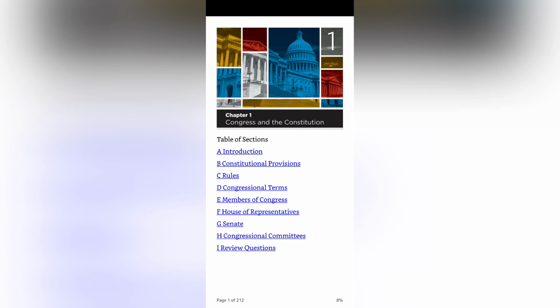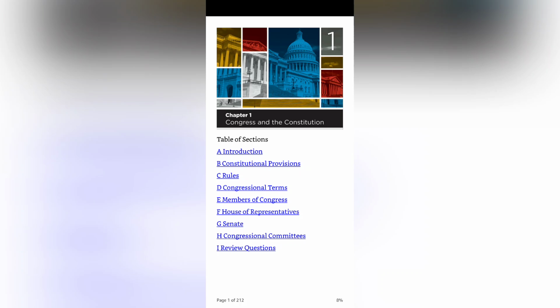Article 1, Section 7, Clause 1, commonly referred to as the Origination Clause, states, all bills for raising revenue shall originate in the House of Representatives, but the Senate may propose or concur with amendments as on other bills.